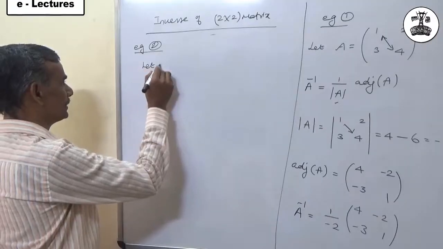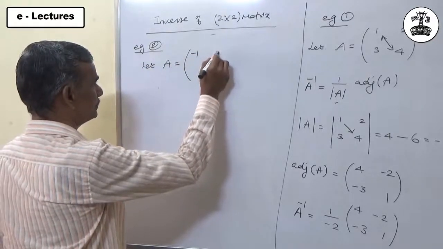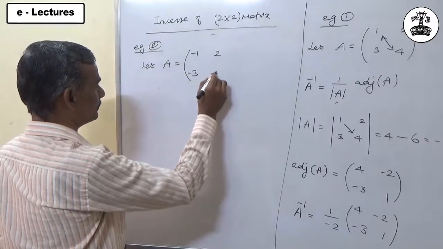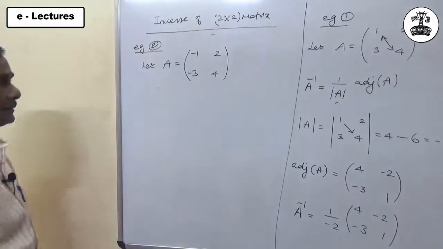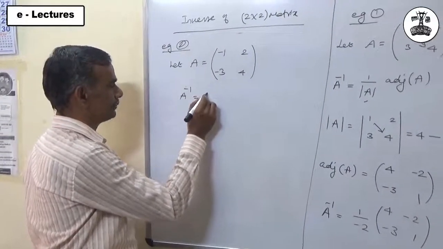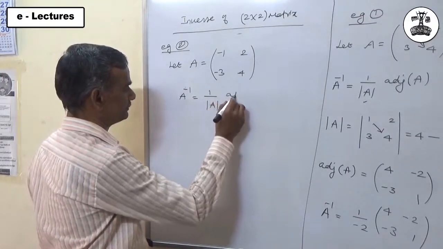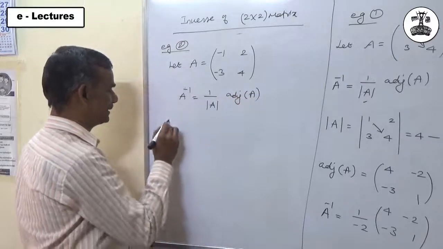Example number 2. Let A is equal to -1, 2, -3, 4. So A inverse equal to 1 by determinant A into adjoint of A. So what is determinant A?